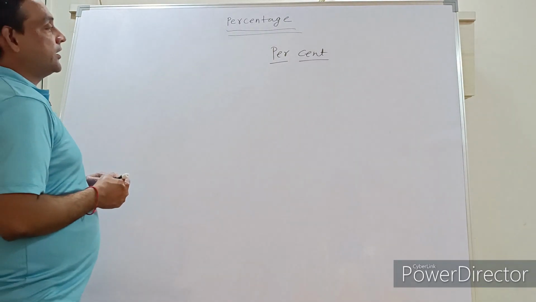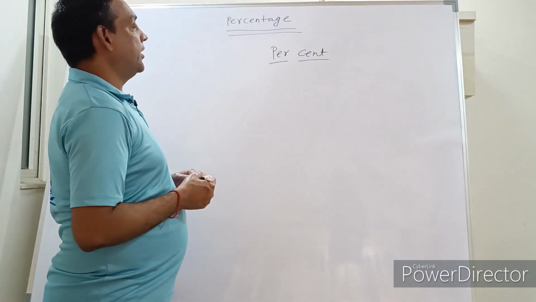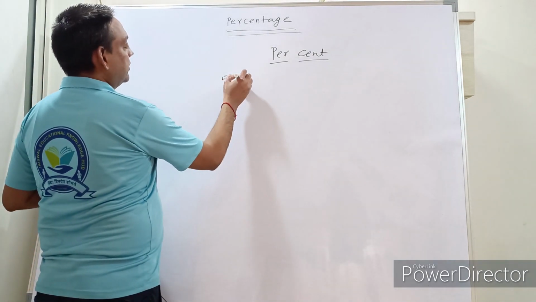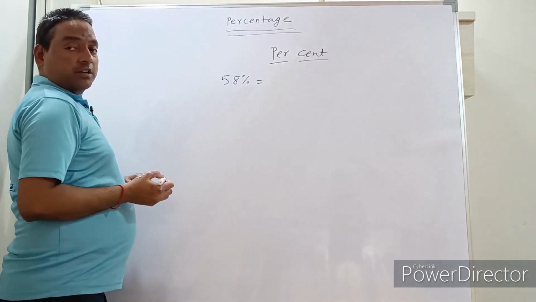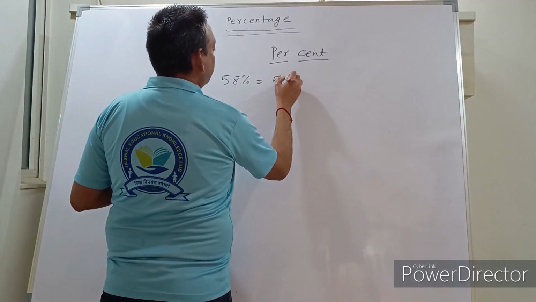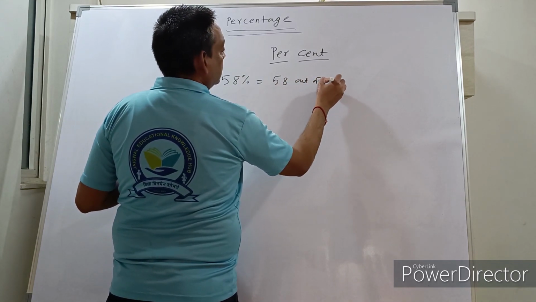So percentage, as I told here, percent on every 100. If I say 58%, 58% is what? It means you will get 58 out of 100.